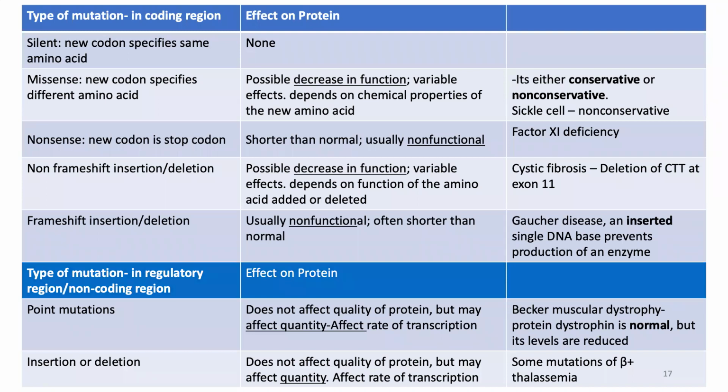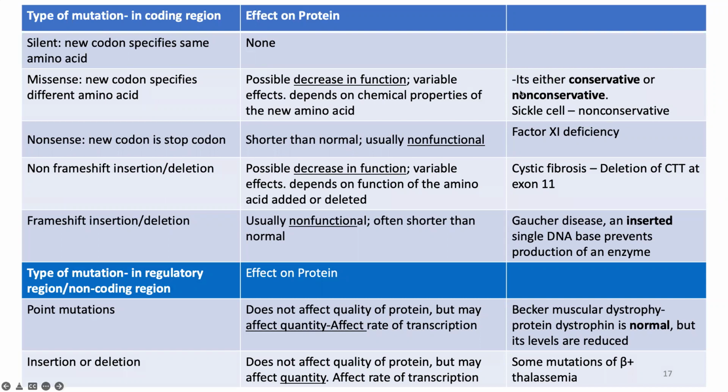So let's look at this table: type of mutation in coding region and effect on protein. Silent, because the new codon specifies the same amino acid, so it has no effect on the protein. Missense, possible decrease in function. It's either conservative or non-conservative.